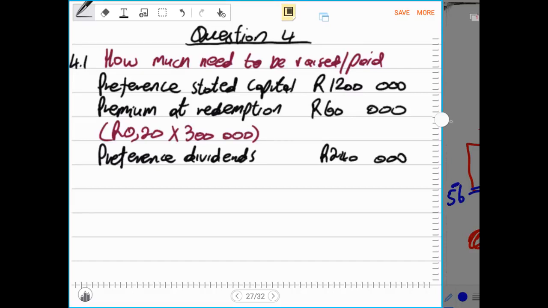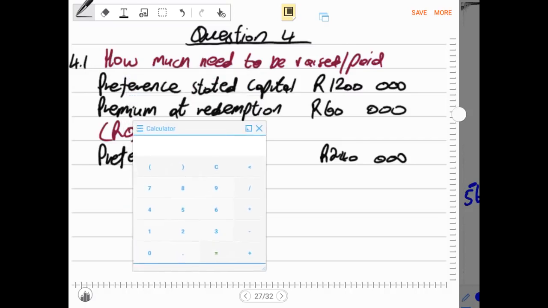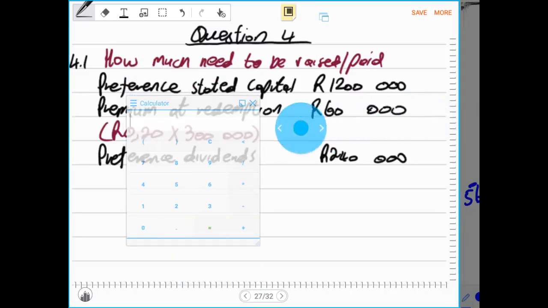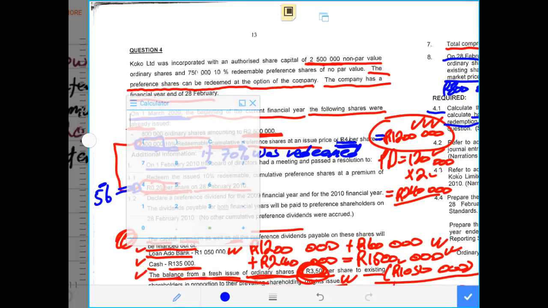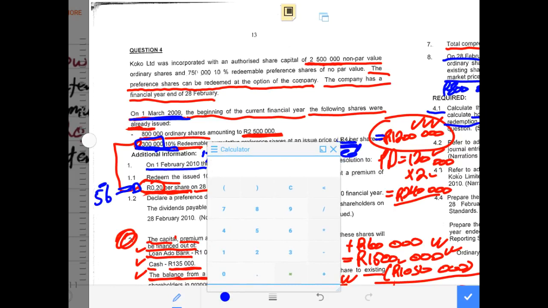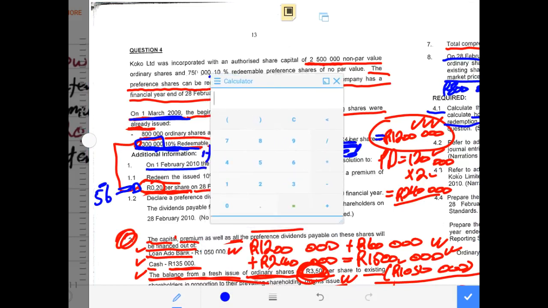Where is that coming from? It's because we had cumulative preference dividends for the years 2009 and 2010. So now we have to add for two years, at 10% of the capital, because that 10% cumulative rate is the one used to calculate our dividends. Always, if it's 12%, you use that to calculate your dividends.